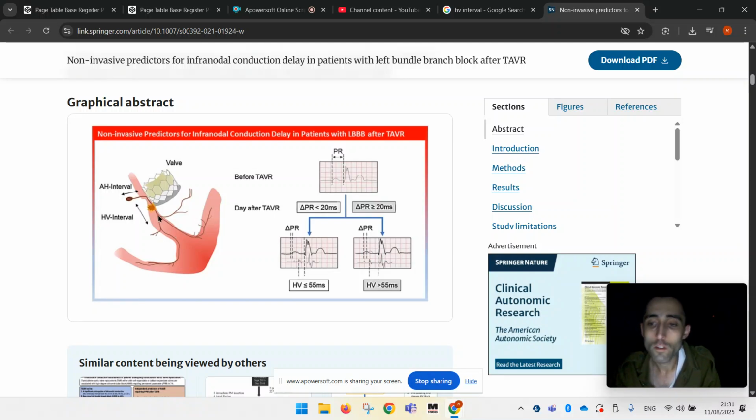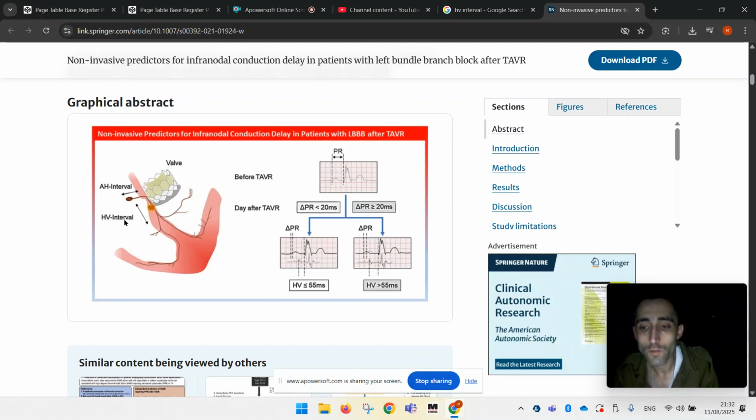So the HV interval is usually measured in an electrophysiological study, because you cannot really conclude it from the PR interval, since the PR interval is a combination of both. So you don't really know what is prolonged or how much each one is prolonged.